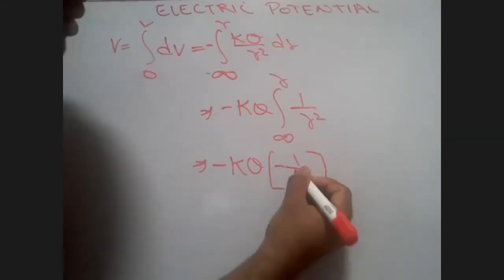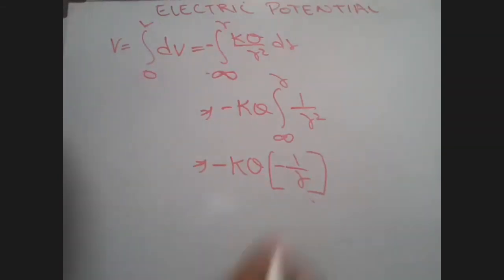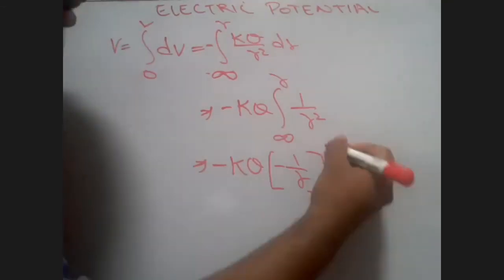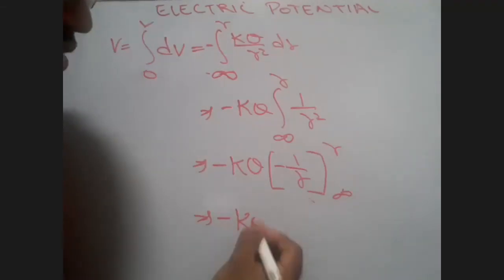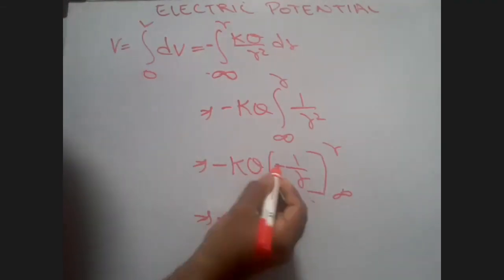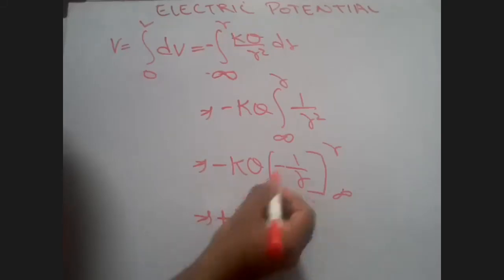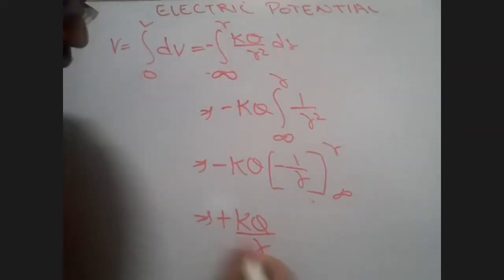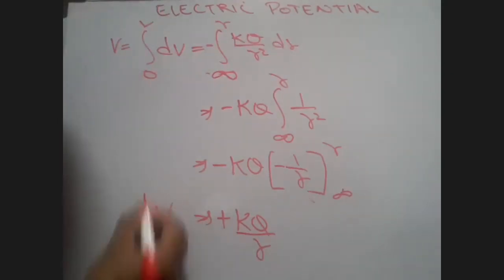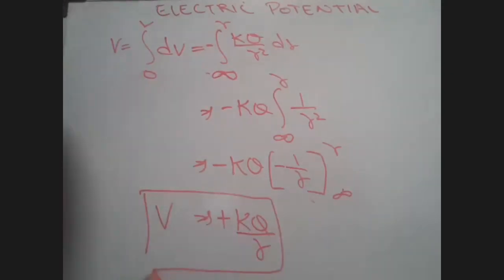Minus 1 by R. And the limits are from infinity to R. That gives me minus KQ times minus 1 by R, and minus and minus become plus, so KQ by R. This is the potential at a point outside the solid sphere at a distance of R.